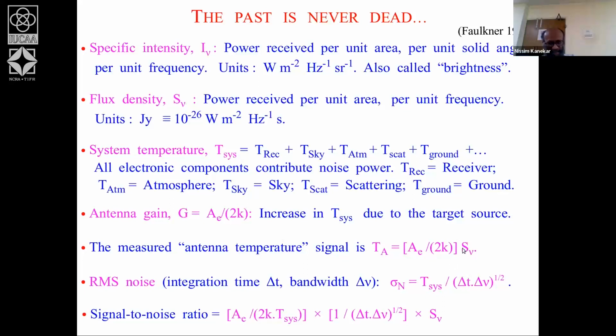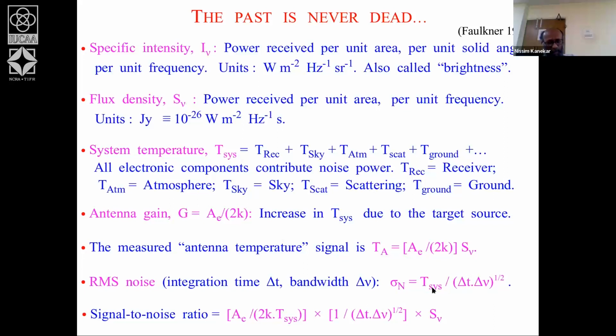So this is the signal, AE upon 2K multiplied by S nu, where S nu is the flux density of the source. And the RMS noise, we went through that yesterday, for a given integration time of delta t seconds and a bandwidth of delta nu in hertz, is given by sigma equal to T sys upon delta t delta nu to the power half. And this just comes because of independent samples.